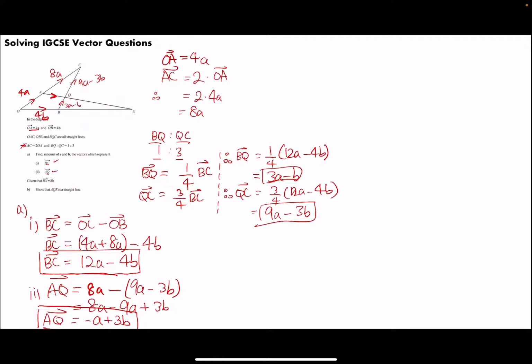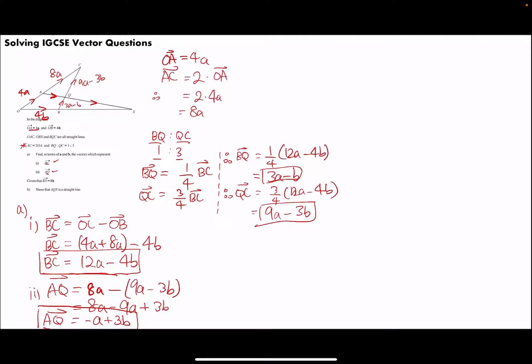One way we can show this is basically by proving that QX is a scalar multiple of AQ. So we need to find AQ, and we basically need to find QX. That's the main goal of what we have to do.